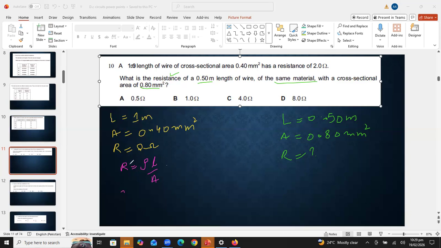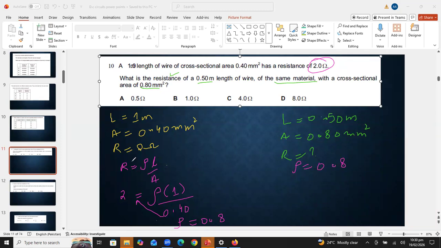So R is 2 ohm, resistivity we have to find, length is 1 meter, and area is 0.40 millimeter square. Now students, this term is dividing here, on the other side it will be multiplied. So resistivity is 0.8. Alright, I will use the same resistivity here because the wire is made of the same metal.